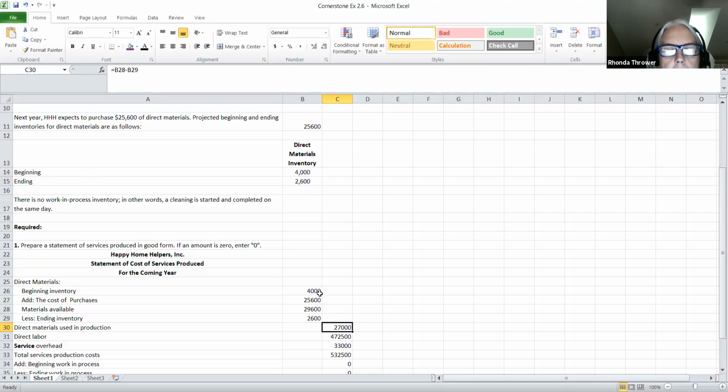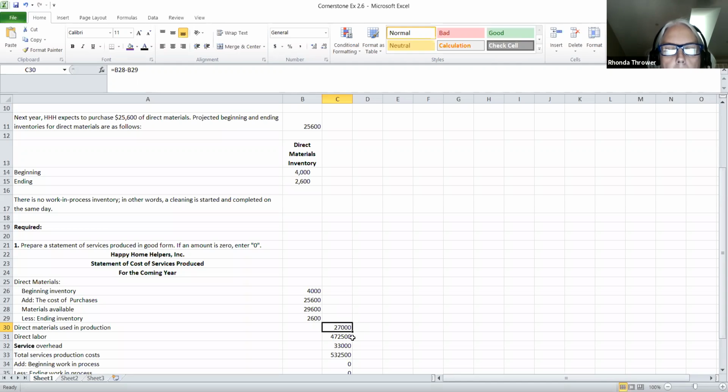So beginning inventory plus purchases tells you what materials you have available to sell, minus what you had left over in ending inventory. That tells you how many materials you used this period of time.